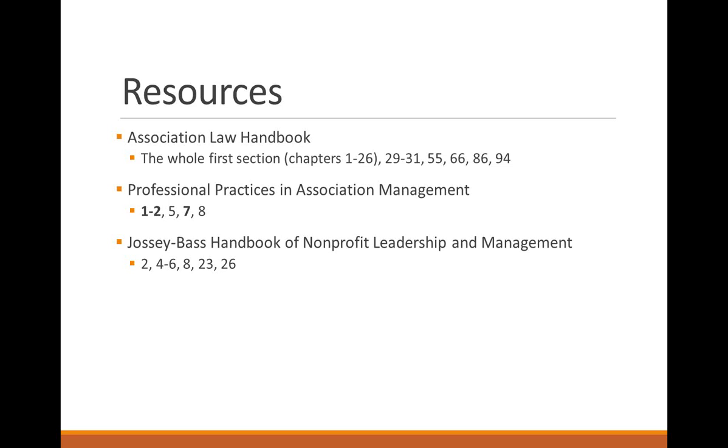Okay, the resources for this domain are the Association Law Handbook, of course. The whole first section was listed as part of the reading, which is a lot. But you've probably read all of it by this point with the other domains, and I actually reread all of those chapters, which is really helpful.